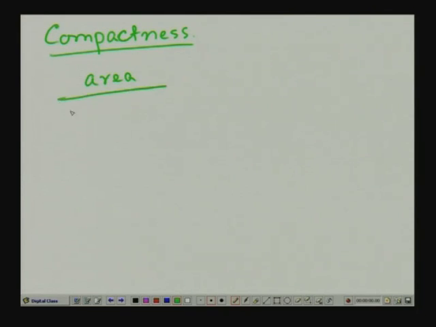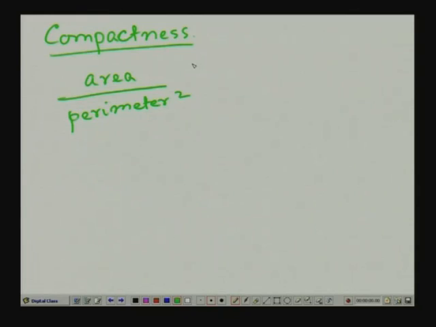The other kind of descriptor that can be used is what is called compactness. This compactness is defined as the ratio of area by perimeter square. So, what does it give?